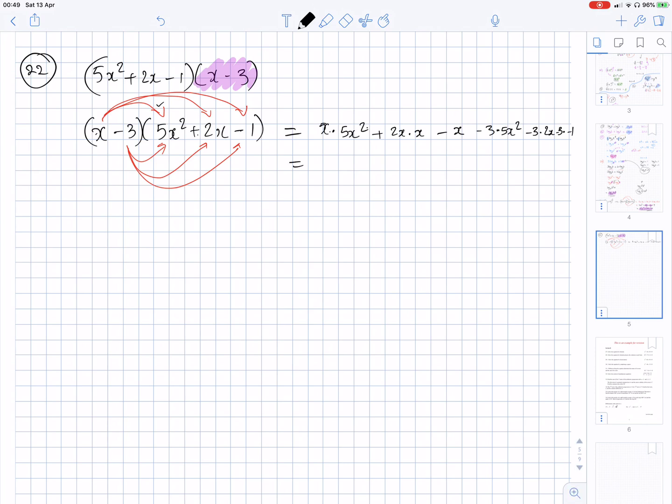So this becomes, because we can pretend there's a 1 here. In fact, we're not pretending there is a 1 there, we just don't write it.